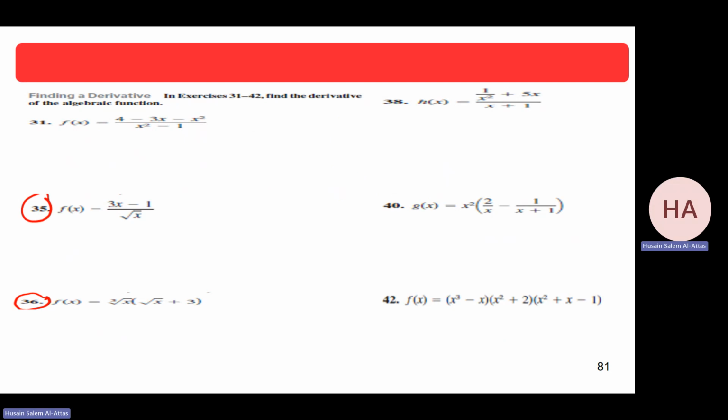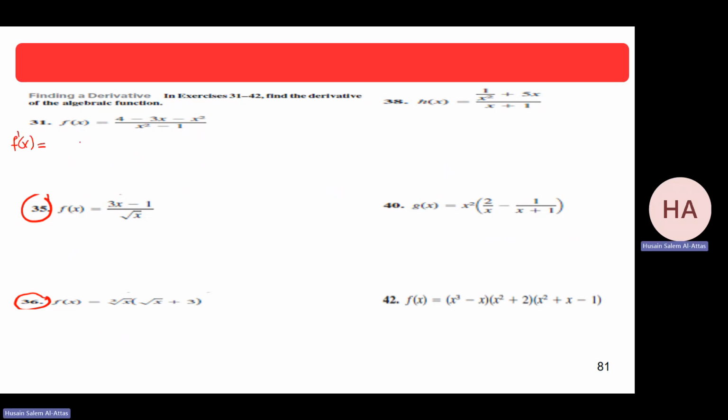Okay. Now finding the derivative of some basic functions. Find the derivative of the algebraic function. Let me do the first and try to do the calculations. Hopefully the space will be enough. F prime will be what?